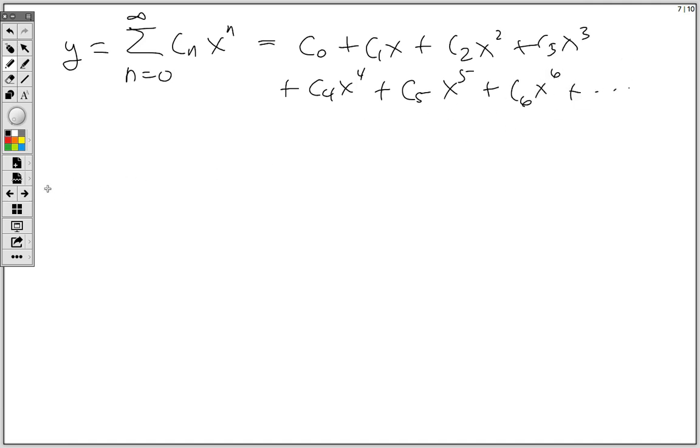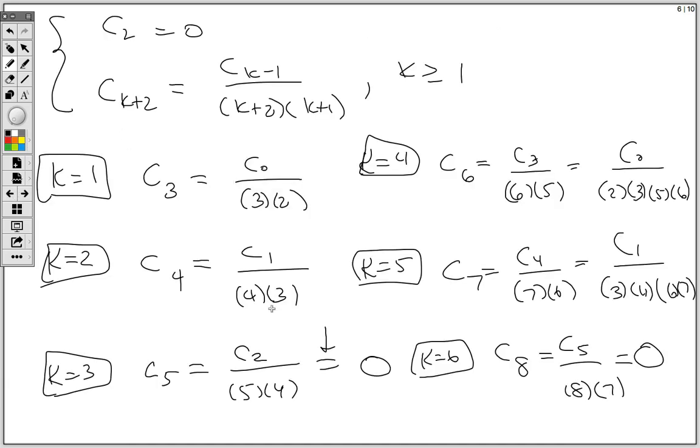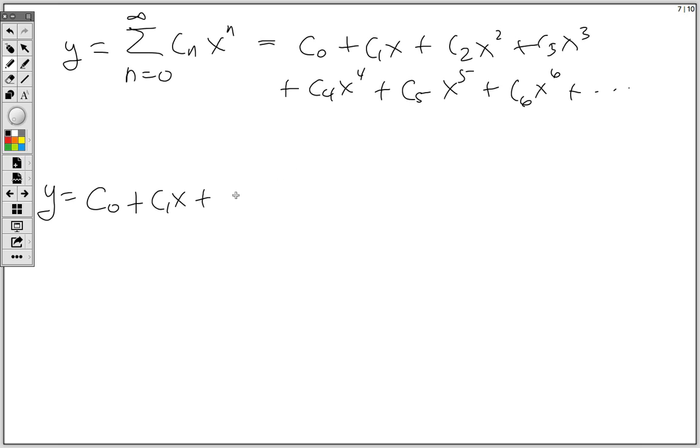All right, so let's see what we're getting here. c naught we don't know. c1 x we don't know. And what did we get for the x squared? c2 was 0, right? So 0.